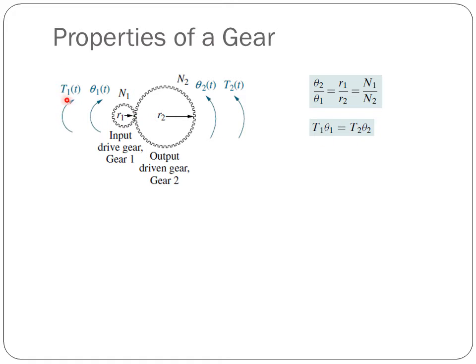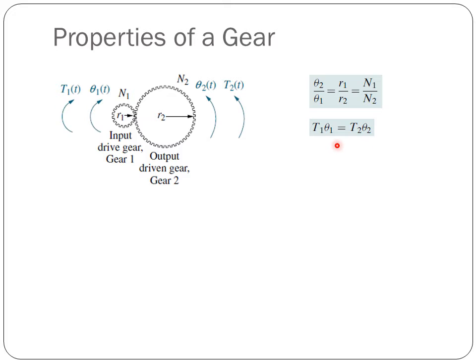And then we have to understand another relation between two torques, T1 and T2. We know from the principle of energy conservation that the energy supplied in this part, if it is a lossless gear, will be transmitted to the right side. So the total energy on the left side is T1 theta 1, which should be equal to the total energy delivered on the right side, which is T2 theta 2.